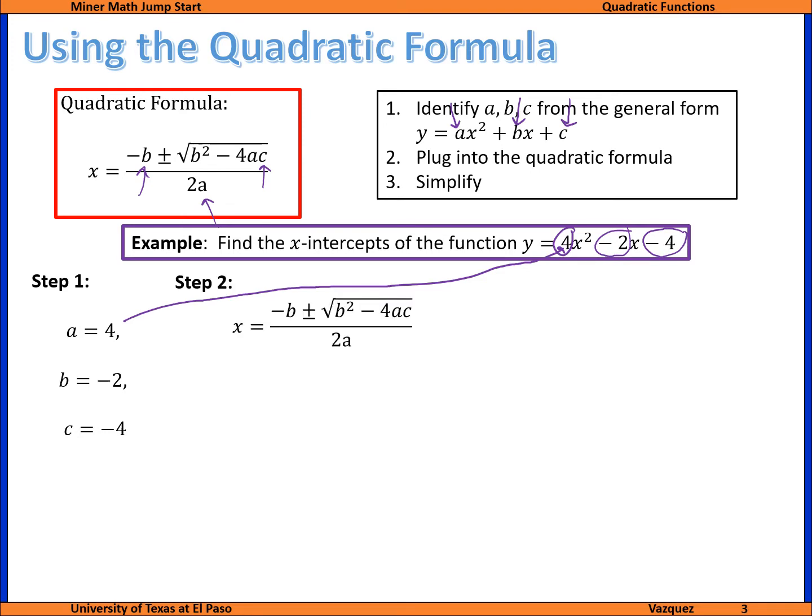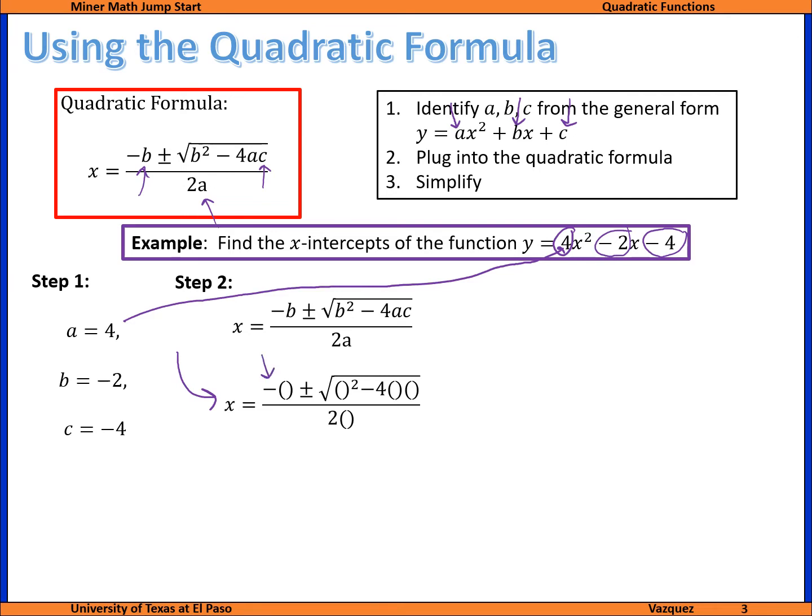Step 2, now we have our quadratic formula. Now, this is not really a necessary step. This is what I call the skeleton of the quadratic formula. I tell students to write the skeleton out first, because this negative here can mess with a lot of people.